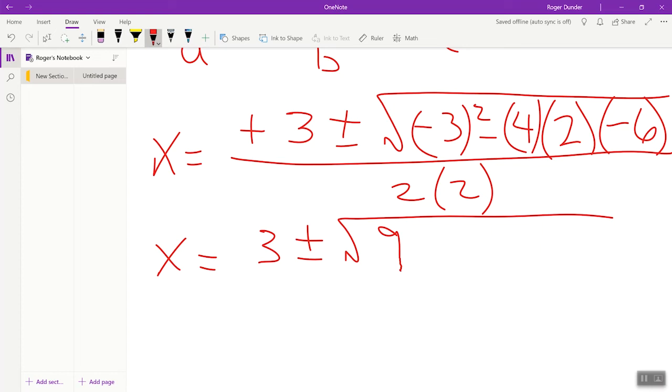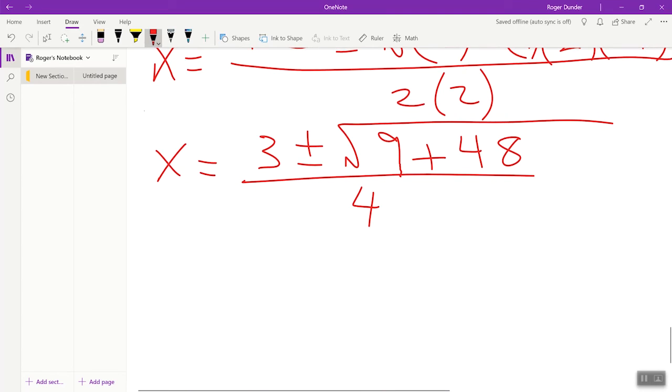Negative 48, but you're subtracting negative 48, so it's going to be add like this. 9 plus 48, and the whole thing will be divided by 4. So what's 48 plus 9? It's going to be 57, isn't it?